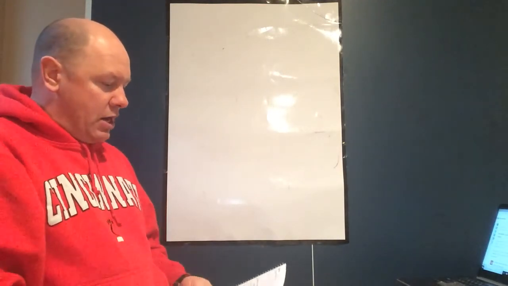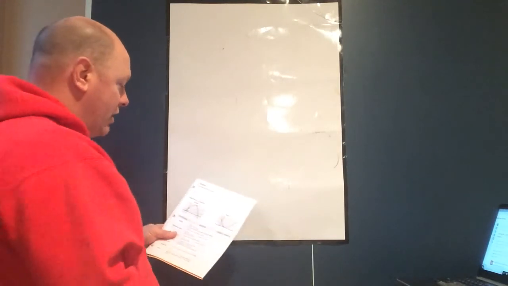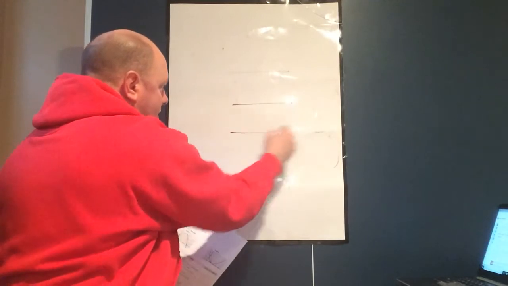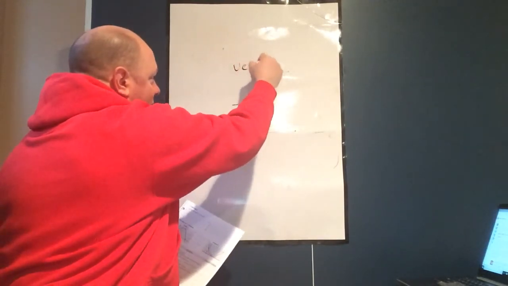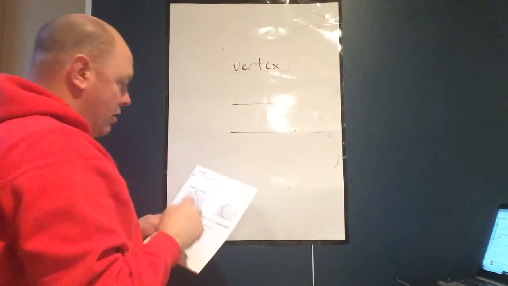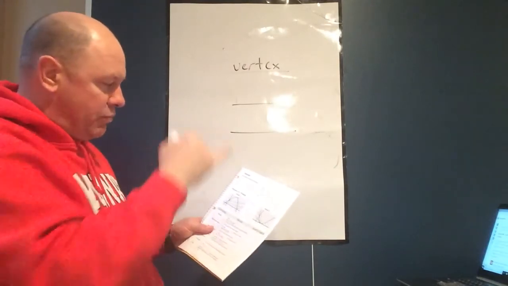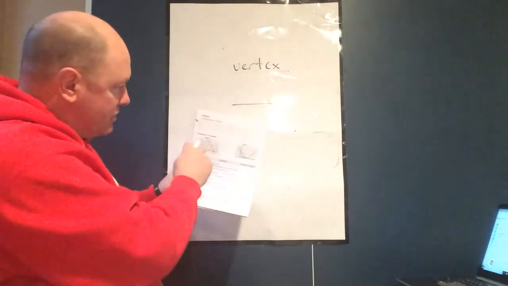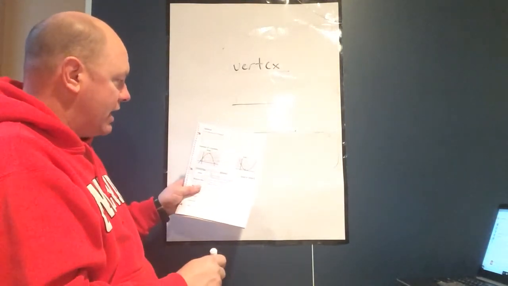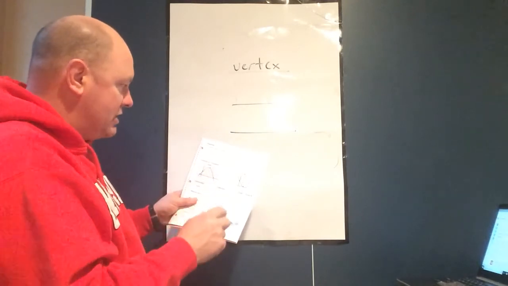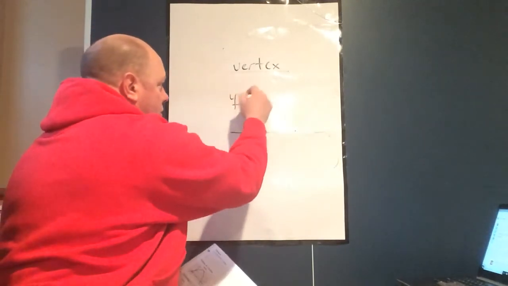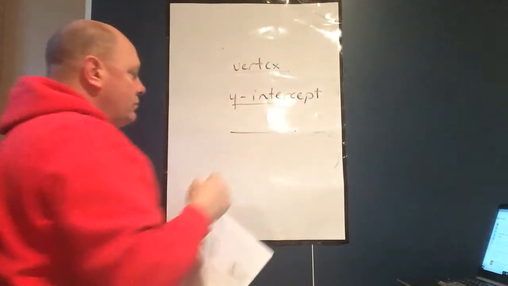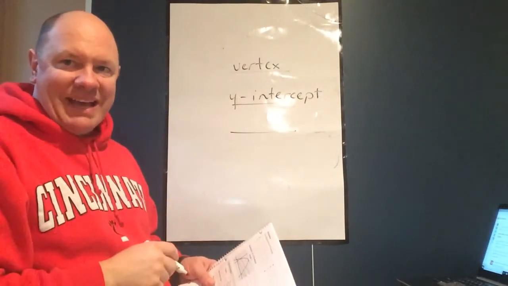On your graph, the first thing you're going to see is 3 little lines. The first one is going to be your vertex on graph A and graph B, and you'll see the arrow pointing to it. The second one in the middle is going to be your y-intercept, where it's located on the y-axis.